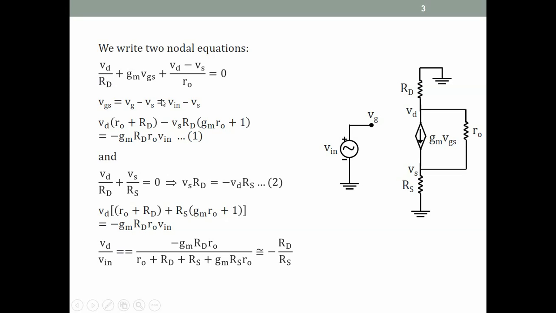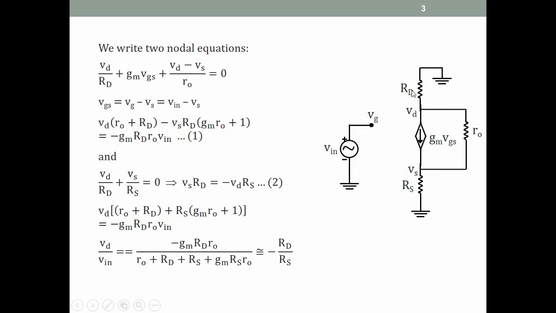Now the second KCL, so we're doing nodal analysis, would come from this node. So there will be three terms, but it turns out that in this circuit, if you look at this carefully, if we write a KCL for this super node, we'll get this equation. Or another way of looking at it is to realize that this current, the current in RD, has to flow in RS also.